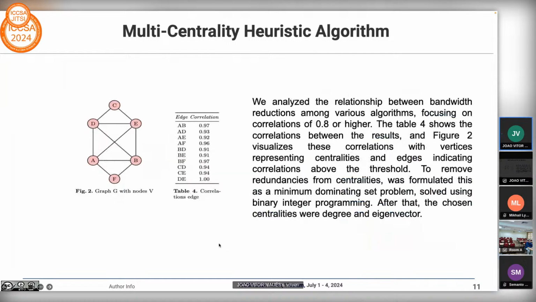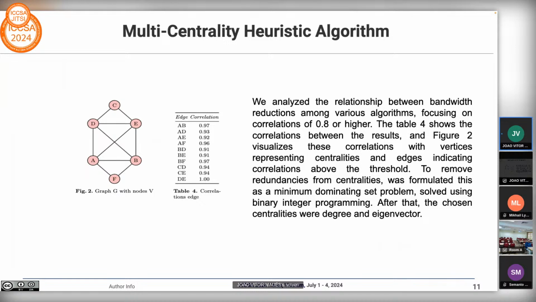We analyzed the relationship between bandwidth reductions among various algorithms, focusing on correlations of 0.8 or higher. Figure 2 visualizes this correlation, with vertices representing centralities and edges indicating correlations above the threshold.